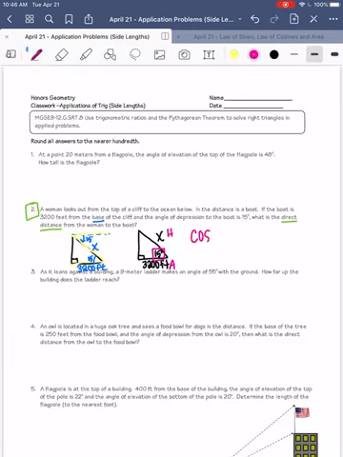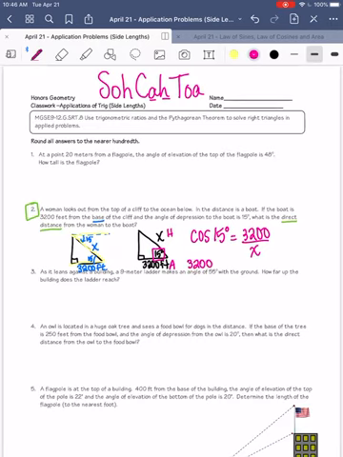So we're going to say cosine of 15 degrees equals, and cosine, I'll write it at the top. Oops, almost messed that up. Cosine is A over H, so we have 3,200 over x. Is this multiply or divide? It is divide. So 3,200 divided by cosine 15.